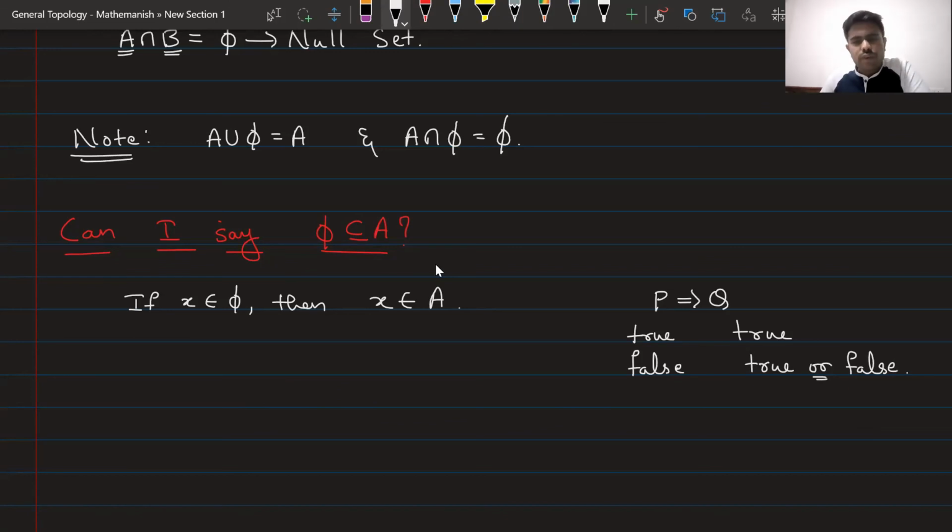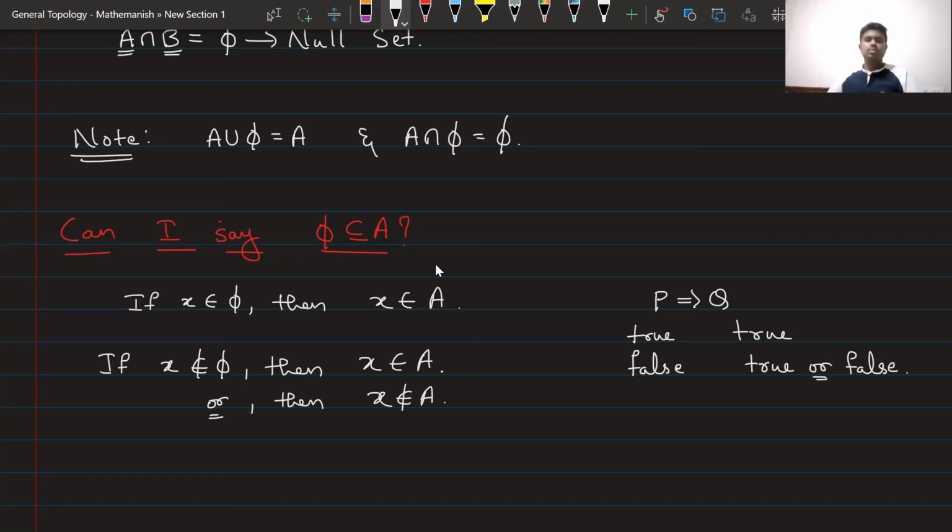If P is false, then what happens? If x is not in phi, then it can be true, x can be in A, or there's also one possibility that x is not in A. These are the two possibilities.